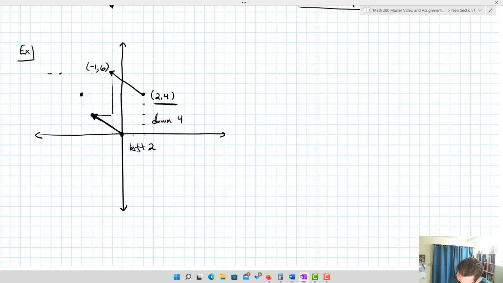And it remains in the exact same location in terms of it doesn't go up or down. So it's just 6 to the left. So now my new vector, or my equivalent vector, but in a new location, is right there. Notice same length, same direction, and all I had to do was figure out how I moved the initial point, and then do that with the terminal point.